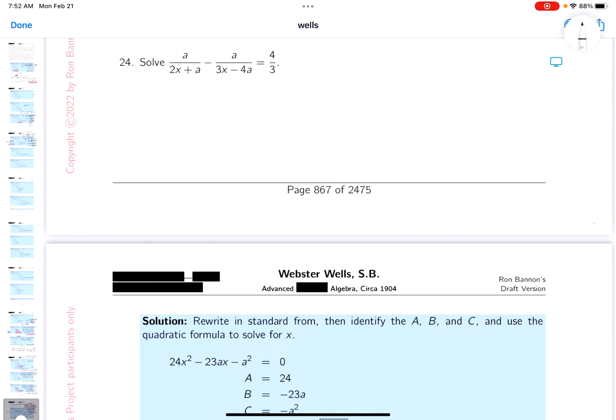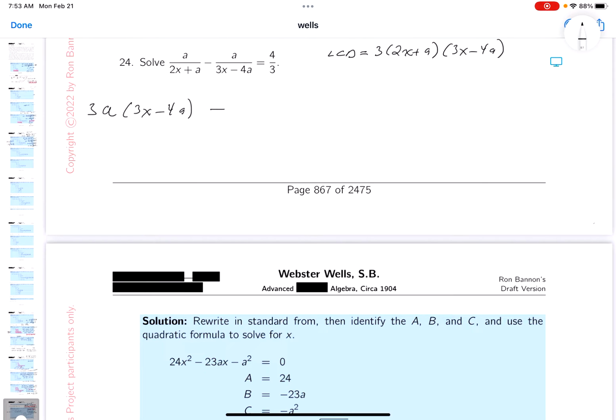My recommendation again is to multiply both sides by the LCD. Let me write the LCD down for you. 3, 2x plus a, 3x minus 4a. Let's write it down. You're going to get a, you can get 3, and you get 3x minus 4a.